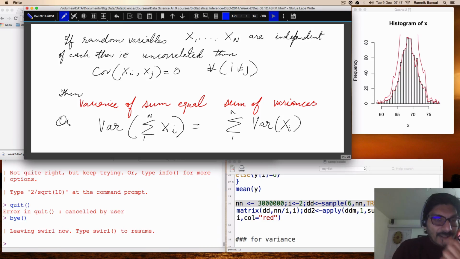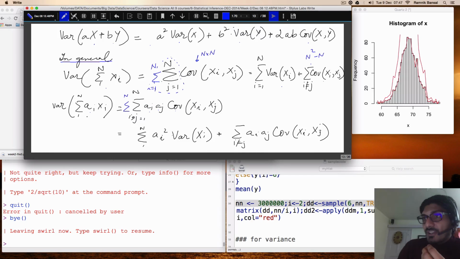They are independent. If they're independent, the covariance between them will be 0. So the variance of the sum is equal to the sum of the variances. We can come back to this here.